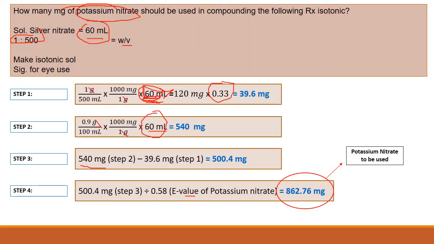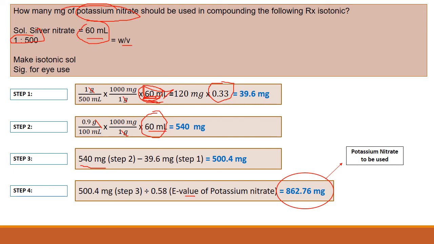We have another problem here. So you have how many milligrams of potassium nitrate should be used in compounding the following prescription isotonic. So you have a solution of silver nitrate, which is 60 ml and 1 is to 500 in the concentration of weight per volume. Okay, for step 1, you have 1 gram over 500 ml.